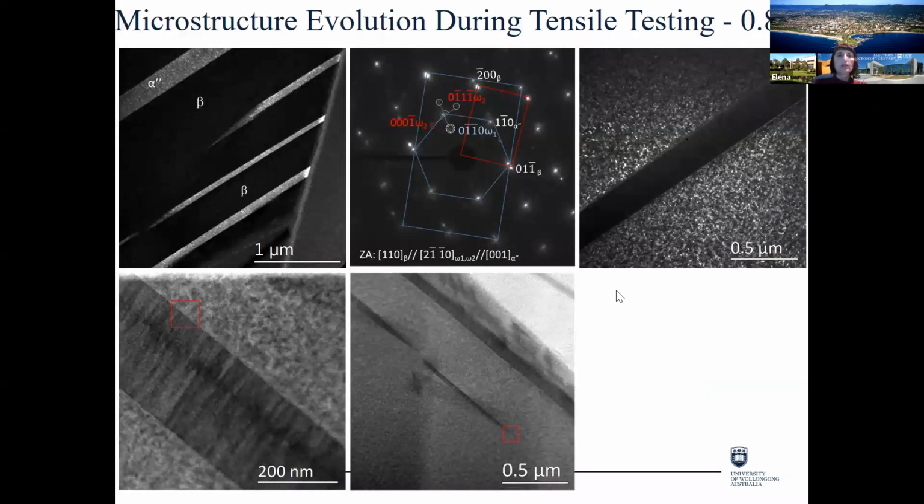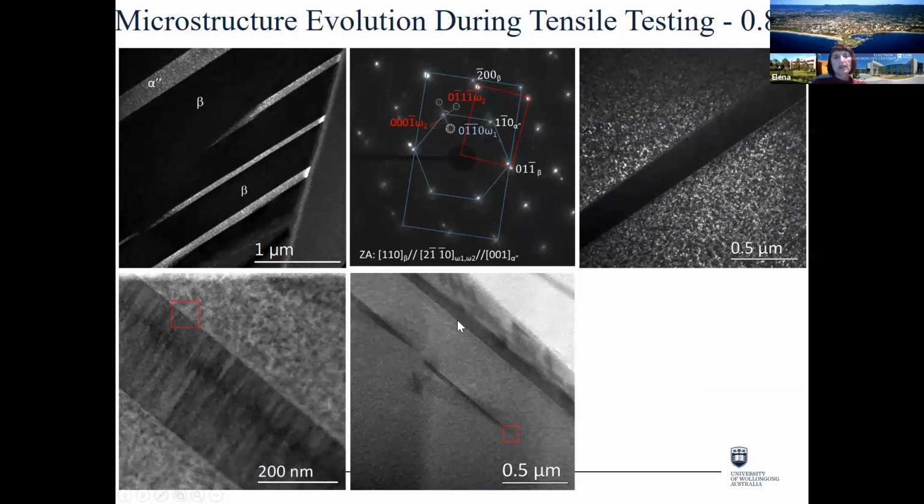So now if we look in TEM, we could see that initially we have a single variant of martensite plates forming in one grain. Within these martensite grains, we have striations, like columnar ones. Typically, it's considered to be remnants, or evidence, of the passing of dislocations during the shear mechanism of the formation of martensite.